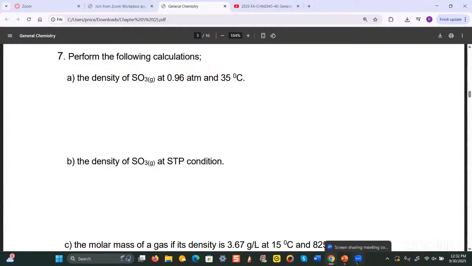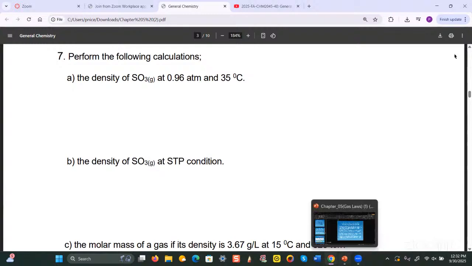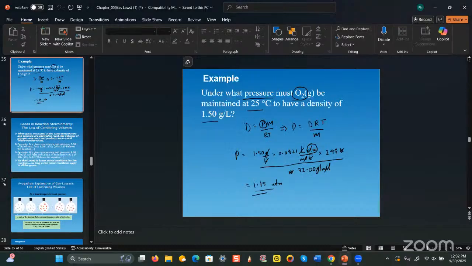I think we did up to this question here, right? This example. Did we cover this example last time, where we calculated the pressure of oxygen? They gave us the density, temperature. We did this one? You don't see it in your notes?